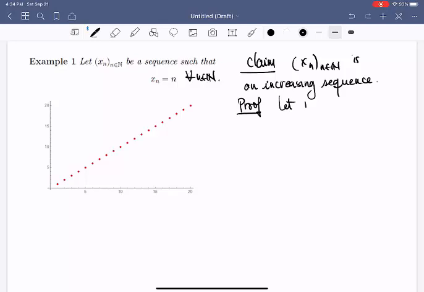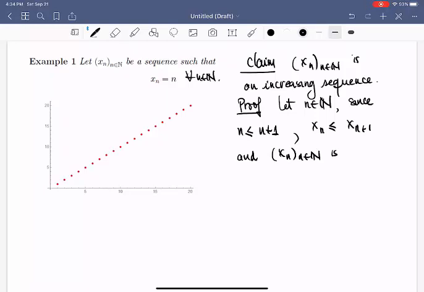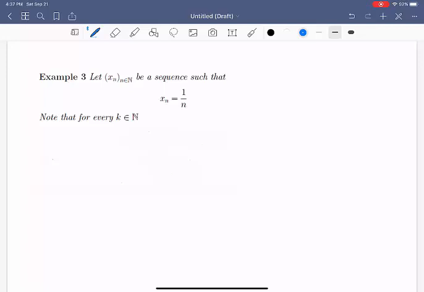If we let n be any natural number, then clearly, since n is less or equal to n plus 1, it follows that xn is less or equal to xn plus 1, and xn is an increasing sequence.